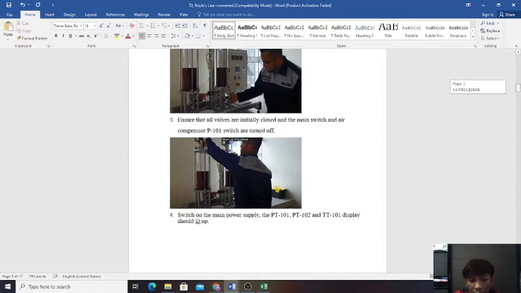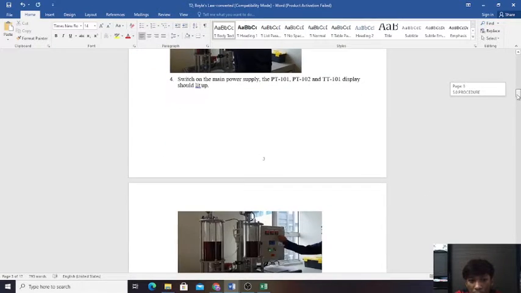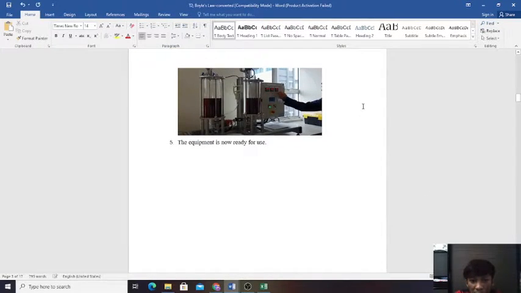Next, switch on the main power supply. The PT101, PT102 and TT101 display should light up. 5. The equipment is now ready for use.